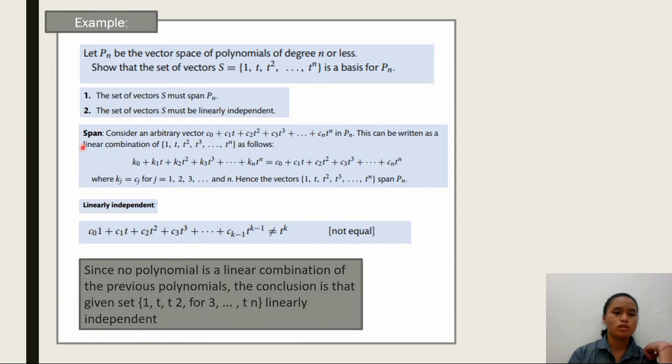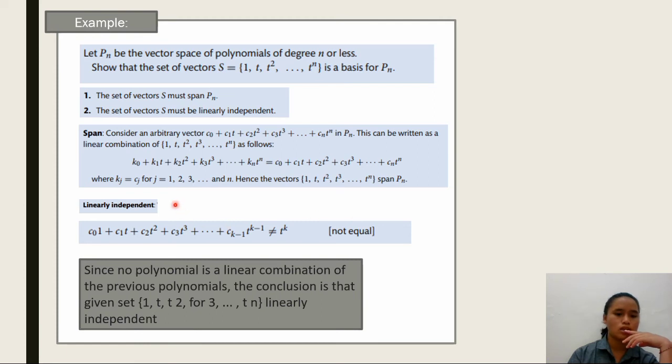From this span we have the vectors, and hence the vectors 1 until t^n span Pn. So S is a basis for Pn.